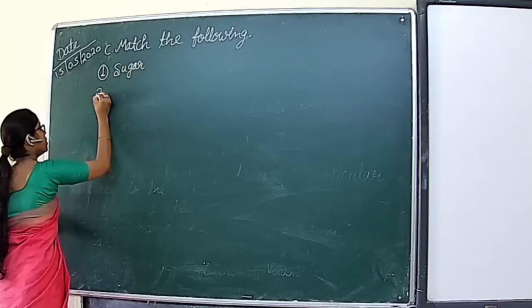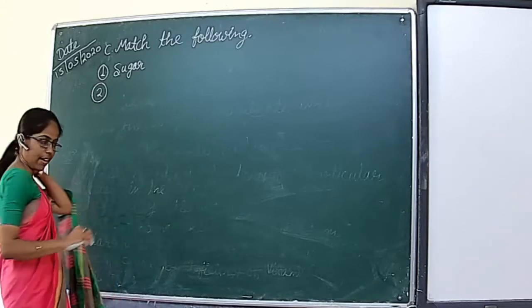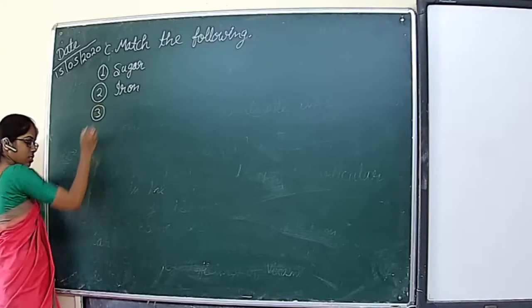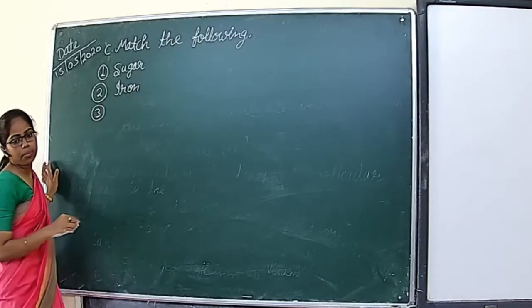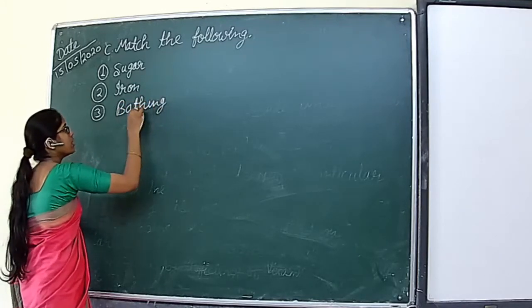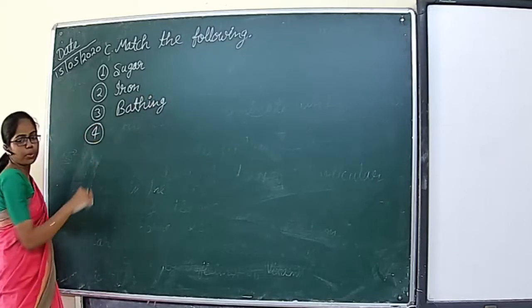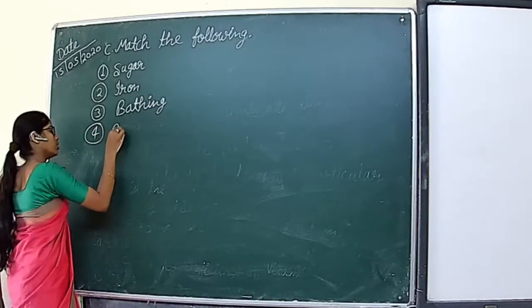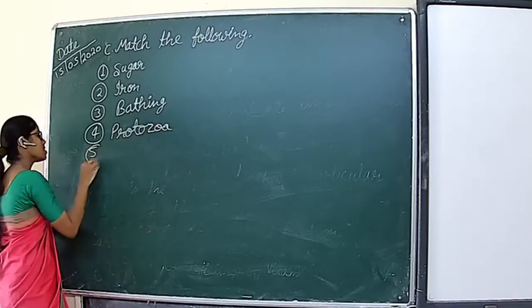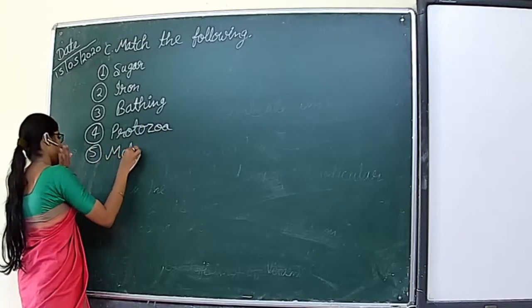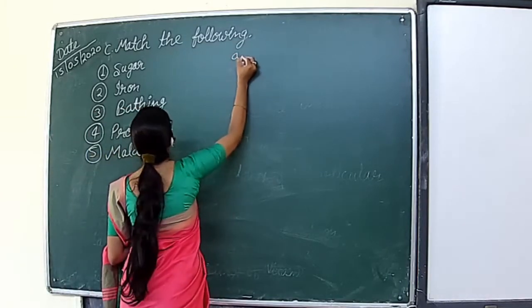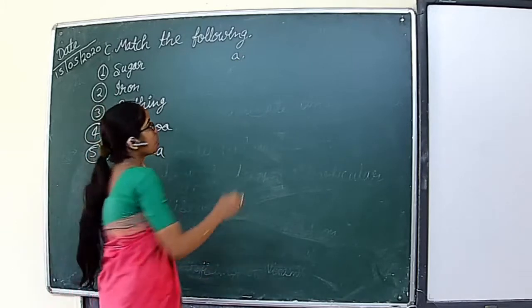Second one, iron. Third one, bathing. Fourth one, protozoa. And the last one is malaria. Now, in column B, A is mosquito.